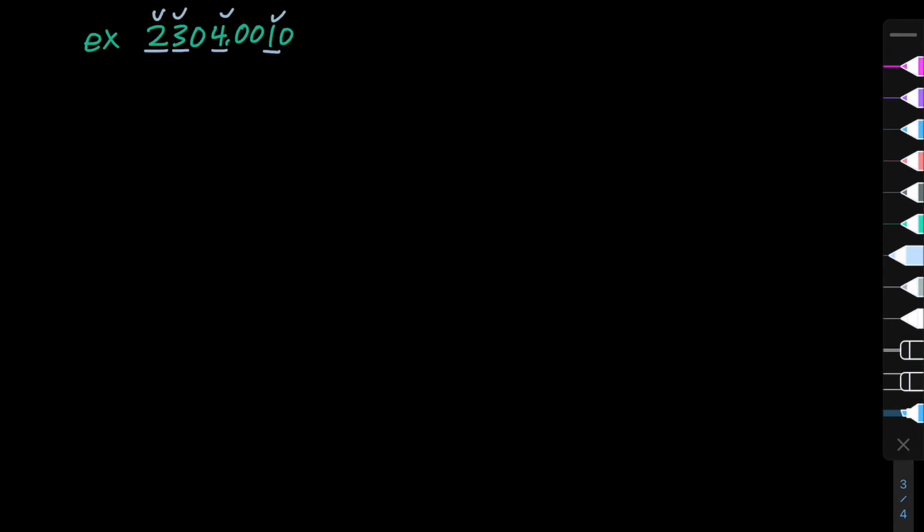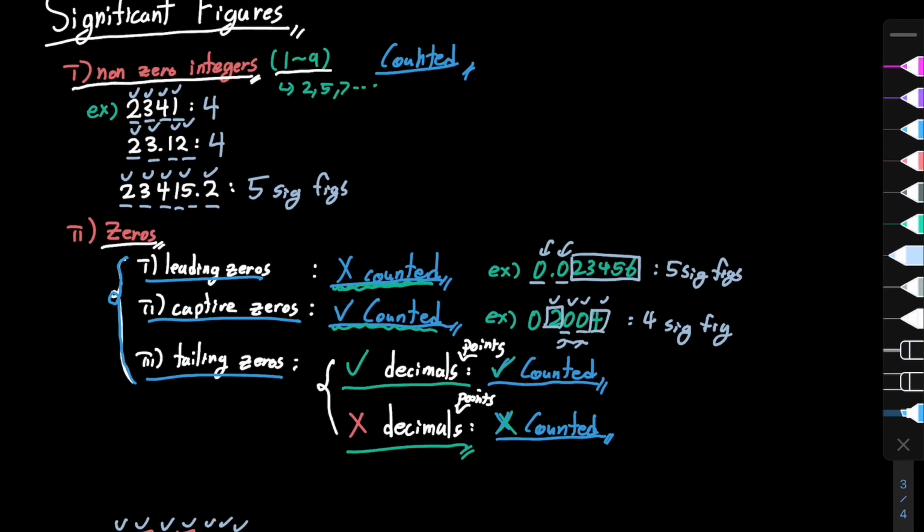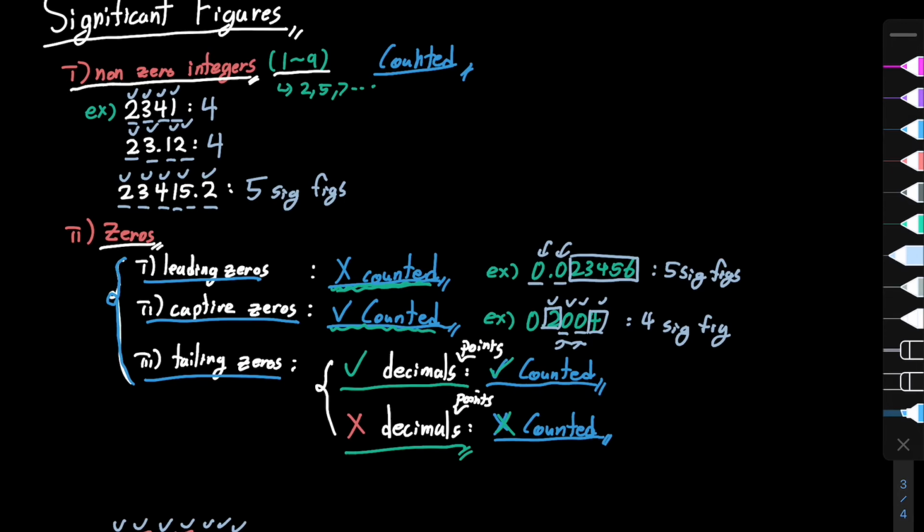Now, looking at the zeros here and here, these are all captive zeros because they are in between integer digits, such as 3, 4, 1. And these are all counted once again as significant figures, as captive zeros are always counted as significant figures.